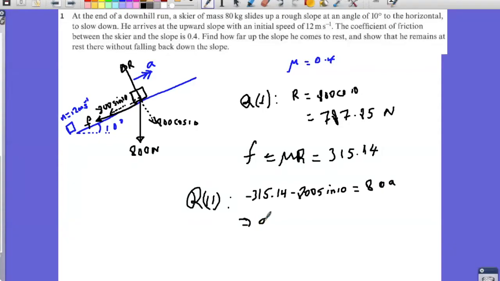So we get a to be equal to negative 315.14 minus 800 sine 10, divided by 80.